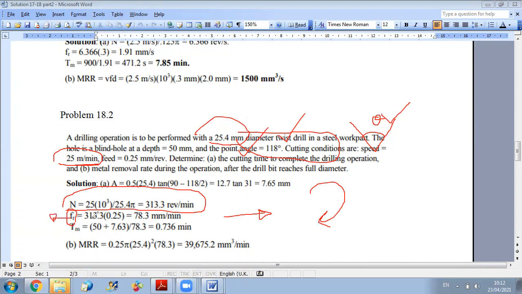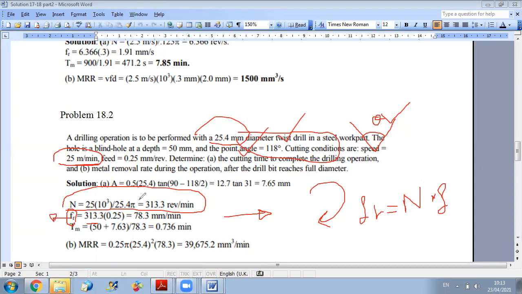The feed rate is equal to n times the value of feed, because, as in the previous problem, the same equations apply. Feed rate, which is the tool advancing velocity, is equal to n, the number of revolutions per unit time, times the feed, which is in millimeter per revolution.